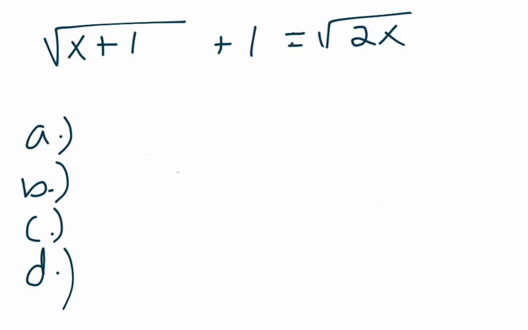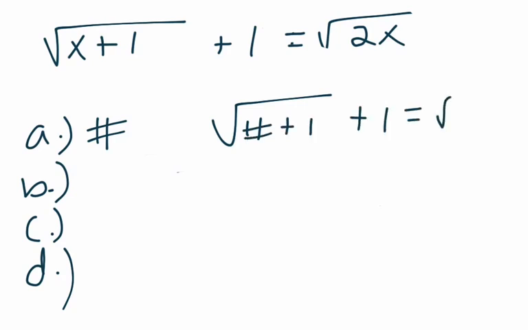And what you can do is take whatever the number is, and plug it into the equation and see if it makes the equation true. If it makes the equation true, then you know you have your answer. If it does not make the equation true, then you don't. So you still have some tools at your disposal for getting the answer to these, even if you haven't been taught all the explicit algebra steps.